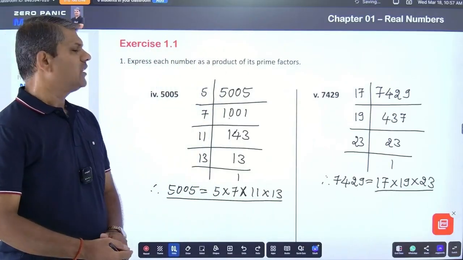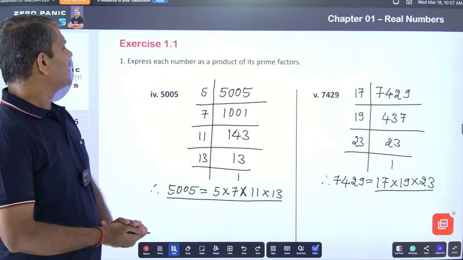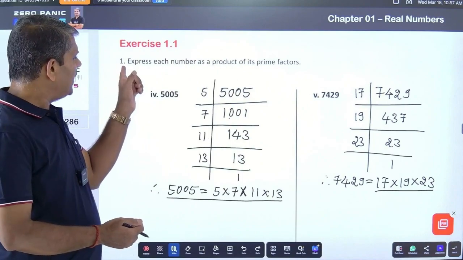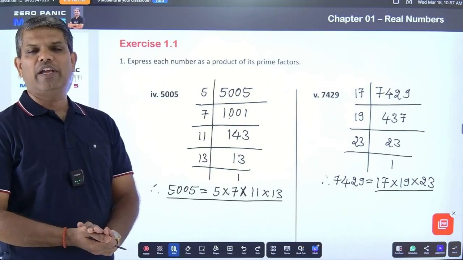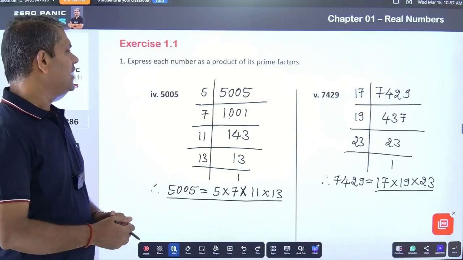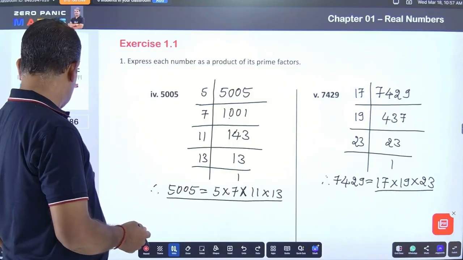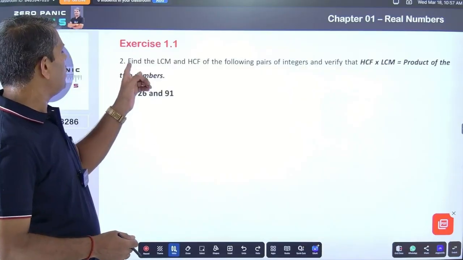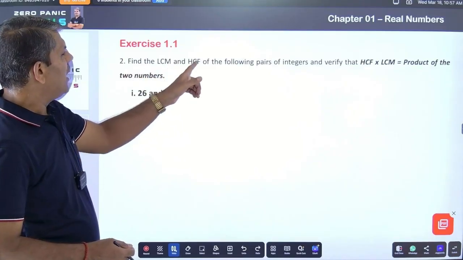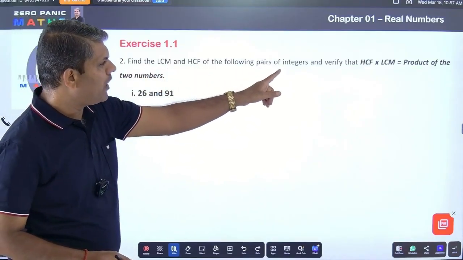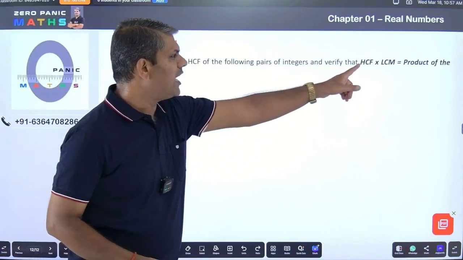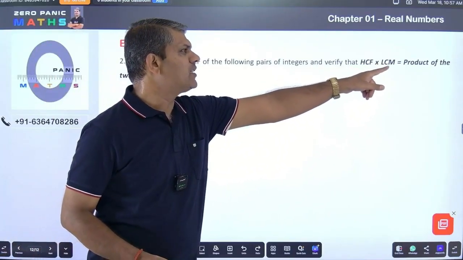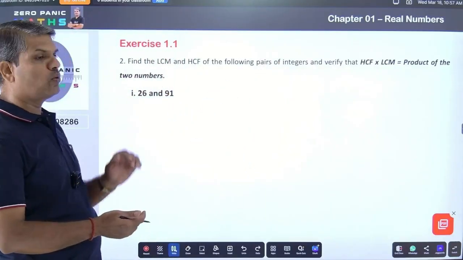Okay, that's all on the exercise 1.1 and section 1. Okay, let us continue with the section 2 problems. Now what does the section 2 problem say? Find the LCM and HCF of the following pair of integers and verify that HCF multiplied by LCM is equal to the product of the two numbers.